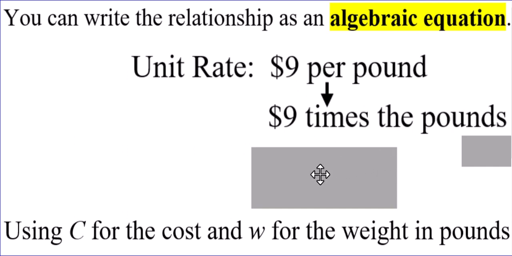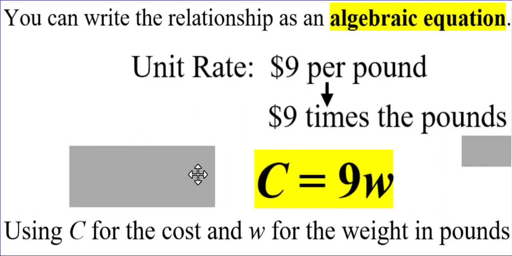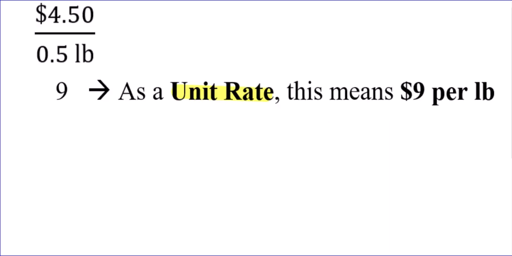So what you can do is, using some letters here for variables, C for the cost, W for the weight in pounds, $9 times the pounds would be 9 times W, the weight in pounds. And what does that give us? That gives us the cost, which we used the variable C to represent. So here's an algebraic equation that represents the table we were just looking at: C = 9W.